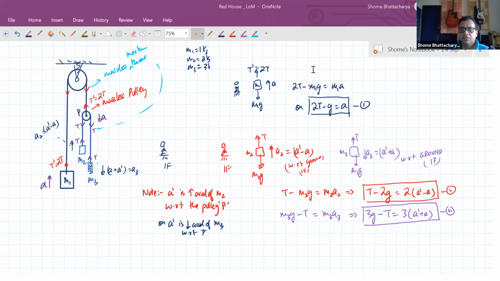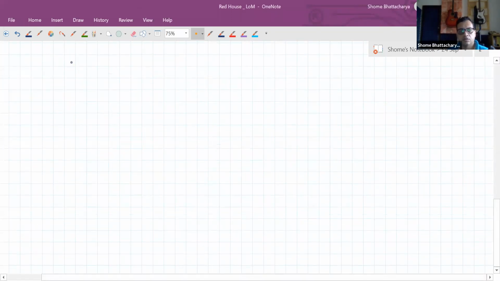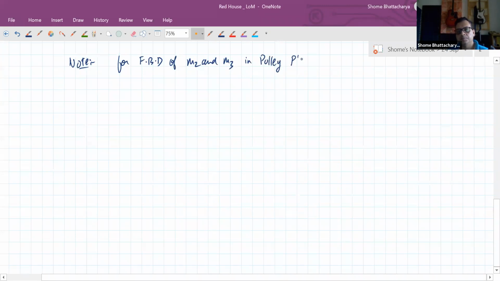Yeah, so if we are doing the same thing in non-inertial frame, so if we were solving for the free body diagram of M2 and M3 in the pulley P's frame, that is a non-inertial frame which is coming down with an acceleration A. So in that frame, how would the free body diagram and the equations look like?